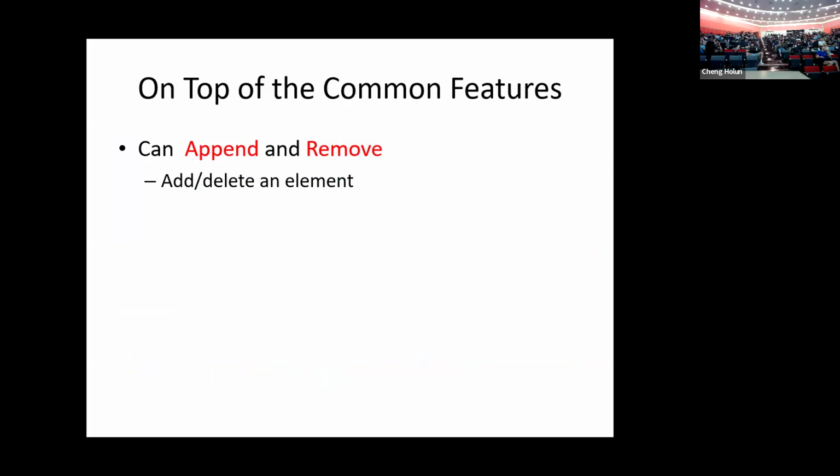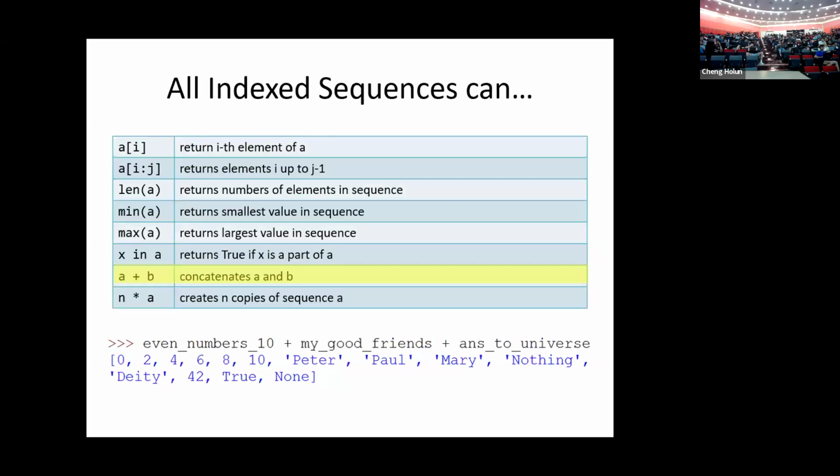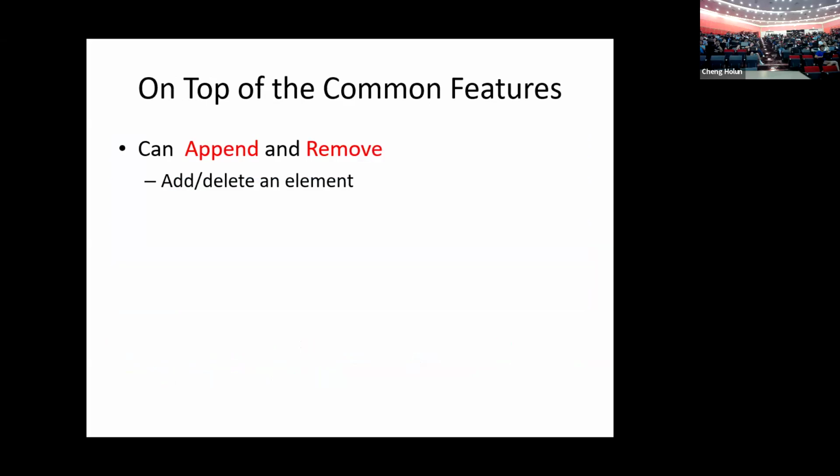And usually we will do operations called append and remove. What do we do? Because for example, Peter, Paul, and Mary, you have 3 entries. The even number list, you have 6 numbers. I can change the length of the list by append and remove.